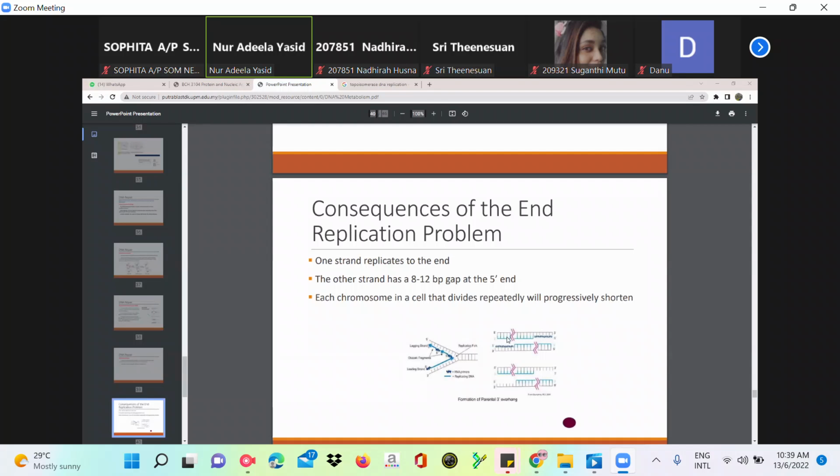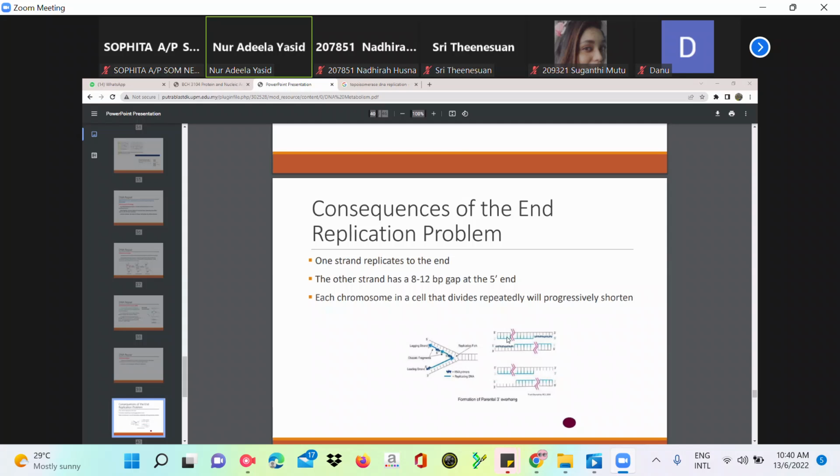DNA polymerase cannot synthesize. Even if the RNA primer is paired with the 3' end of the DNA template, it still cannot be replaced with DNA. So in the absence of a mechanism for completing the lagging strand, the linear chromosome will shorten. It will shorten at both ends by at least the length of an RNA primer with each round of replication.